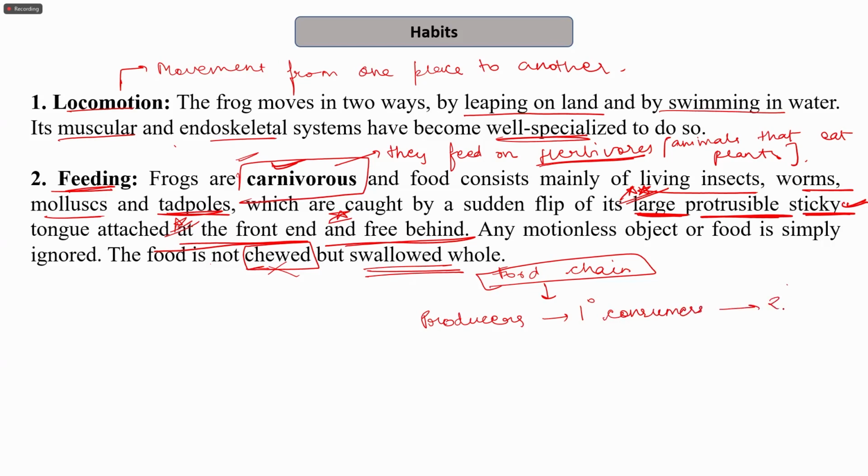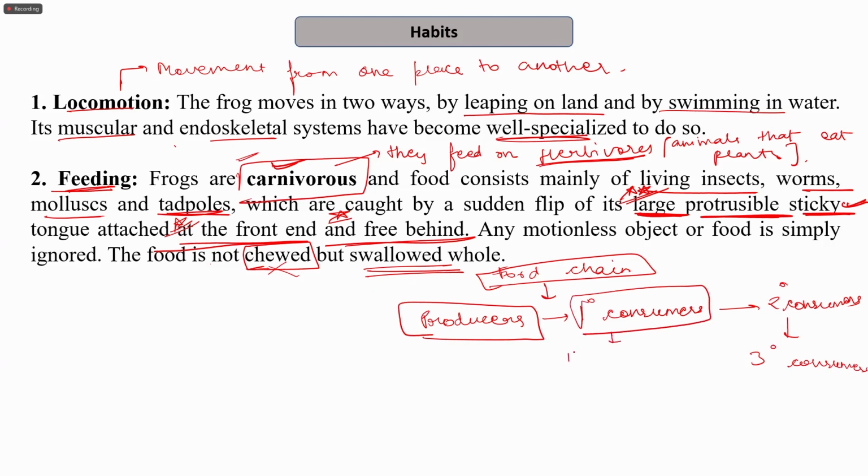And then we have secondary consumers, then tertiary consumers. Producers are the ones that produce their own food. Primary consumers are mainly the herbivores that feed on plants. And secondary consumers are mainly the carnivores that feed on the herbivores.